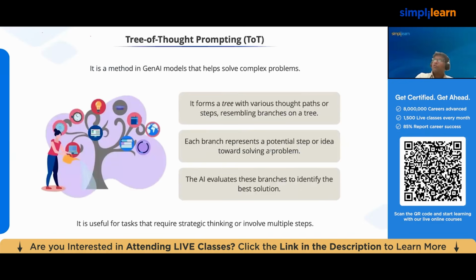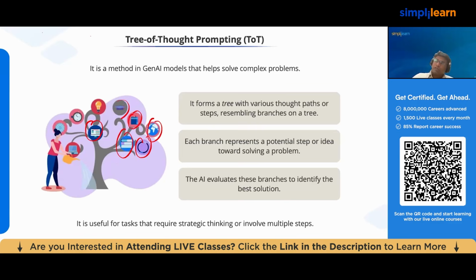So the last part is tree of thought prompting. So what it does, it forms a tree with various thoughts or paths or steps resembling the branches of a tree, right? So each part is basically a potential step or idea towards solving a problem. Okay, so all these steps can contribute to the problem solver, right?